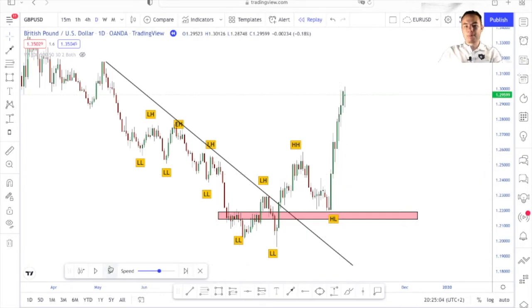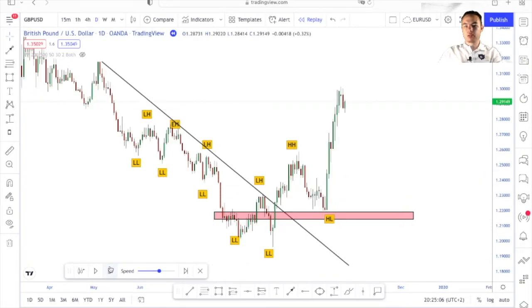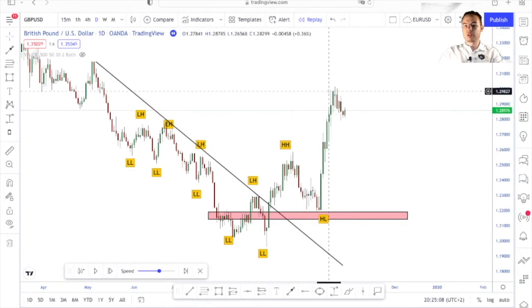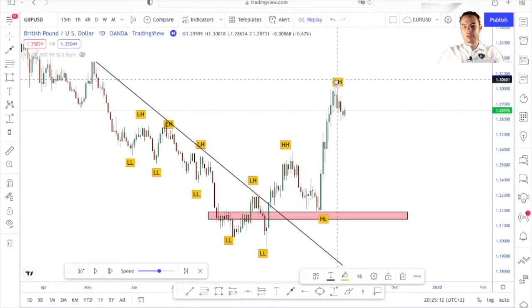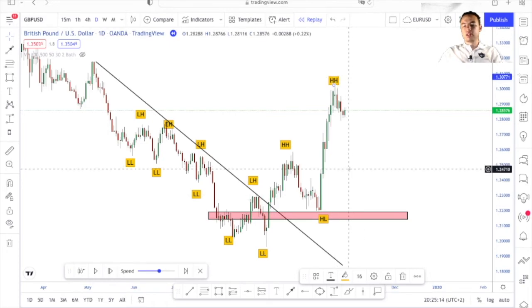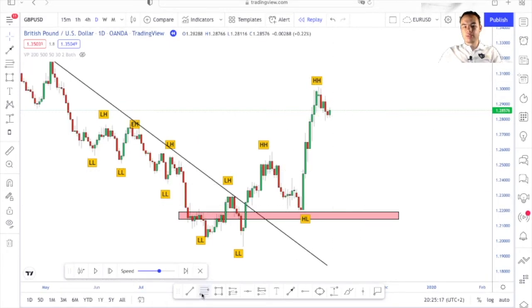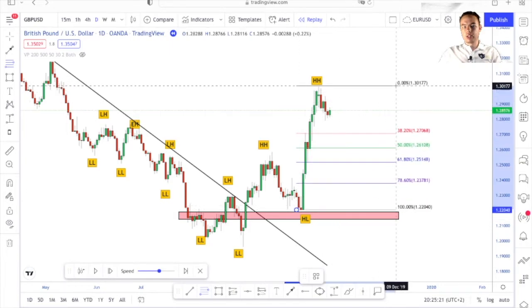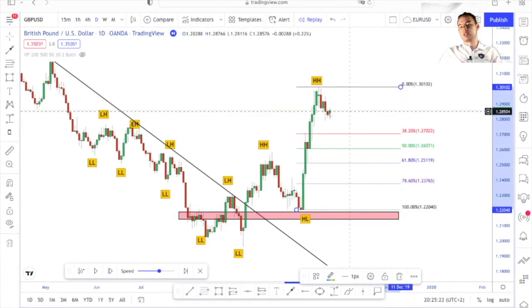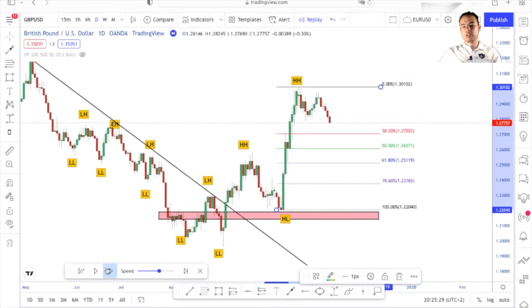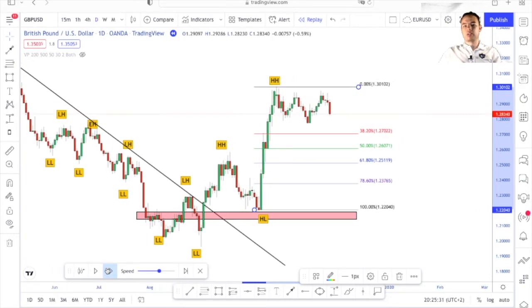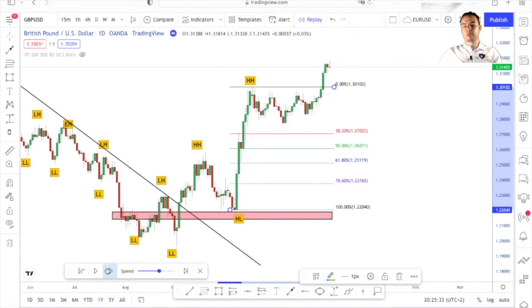So now price started rejecting. So here's your higher high. So now you take your Fibonacci from that higher low to that higher high. And now we wait. Okay, it's on the 23.2%. Looks like it's testing the 23.2%, yeah.